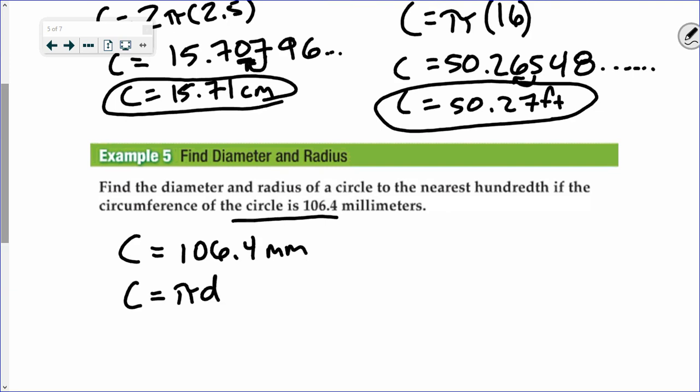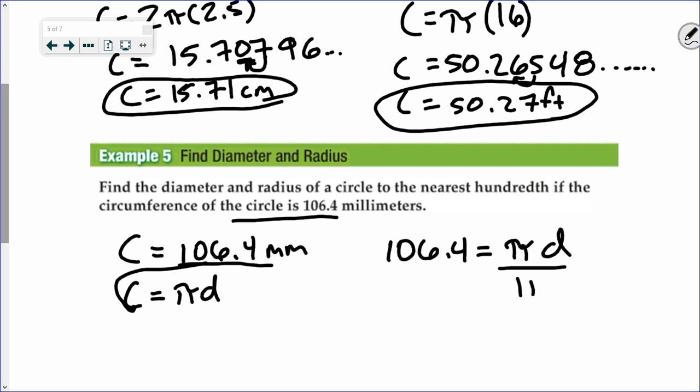We recall circumference is pi times diameter, so just substitute this for our C. So 106.4 is equal to pi times diameter. Pi is just a number. Remember, 3.14 is what we usually round it as, but in this class we'll use those scientific calculators.